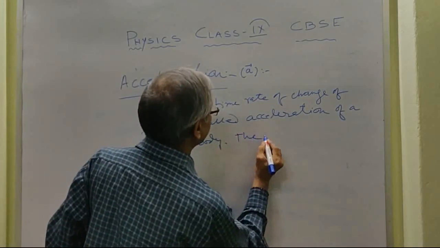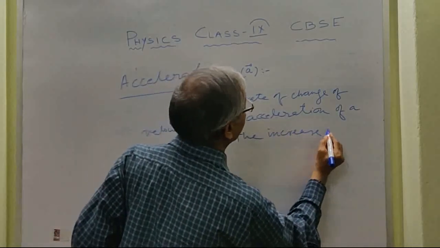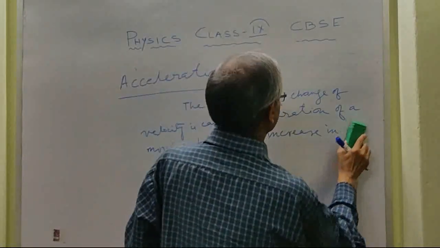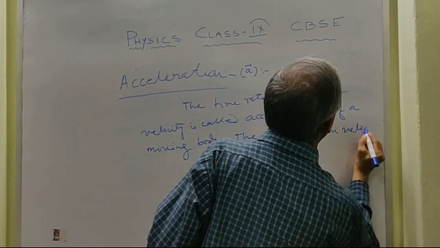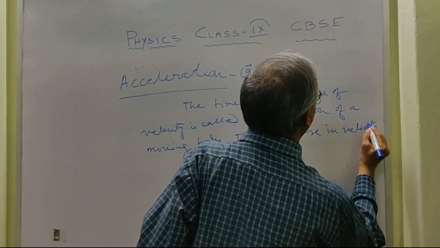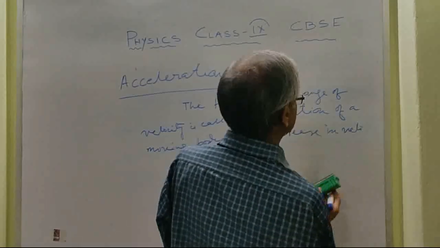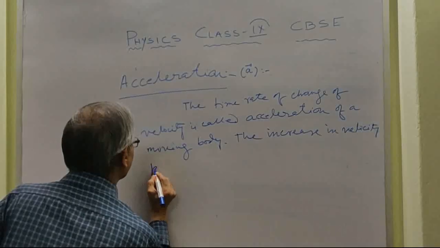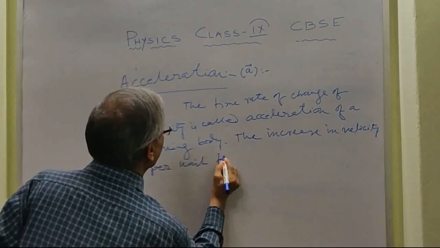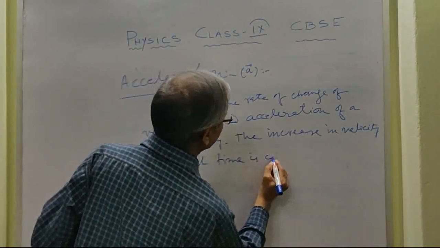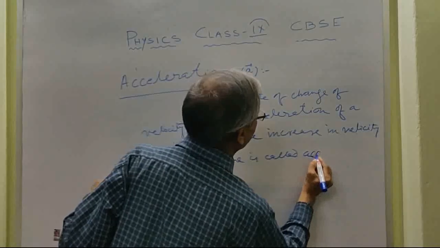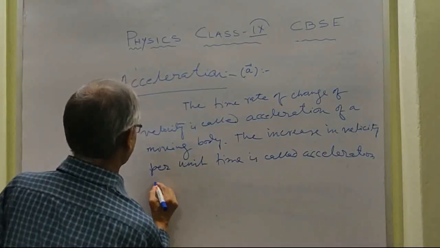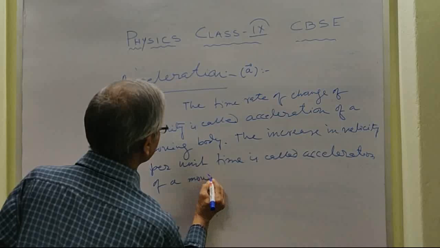The increase in velocity per unit time is called acceleration of a moving body. Obviously, the body must be in motion.